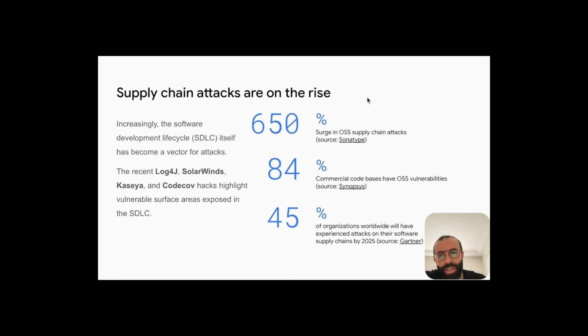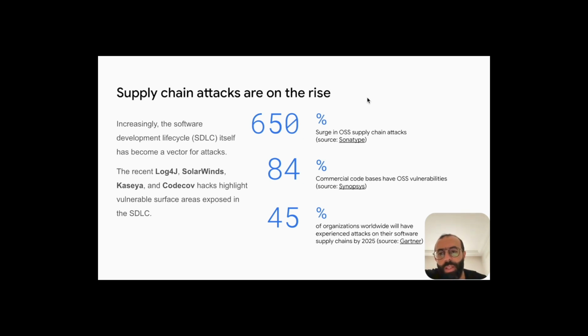Now, supply chain attacks are on the rise. We see a lot of reports saying, for example, from Sonatype, a 650% surge in OSS supply chain attacks, 84% of commercial code bases have OSS vulnerabilities, and 45% of organizations worldwide will have experienced attacks on their software supply chain by 2025, according to Gartner.